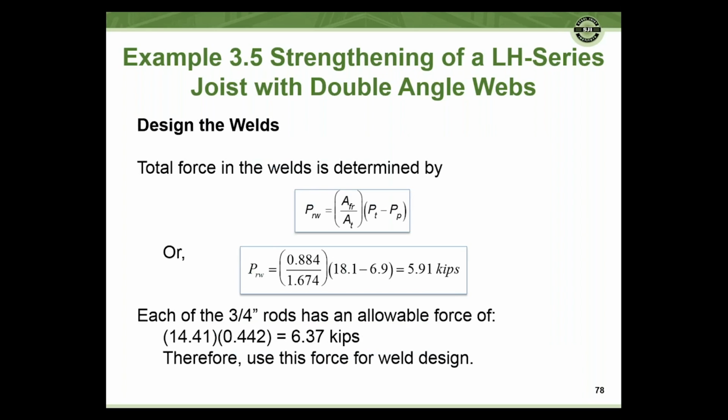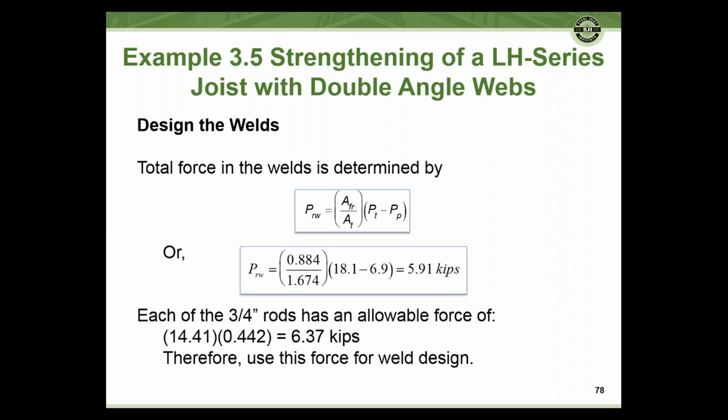So let's determine the force to connect that rod to these angles. Remember, the force is the force in the rod. What force do we need to connect that? We use the previous equation where we get a total force, our preload, and the force in the rod is the area of our reinforcing rods divided by the total area.